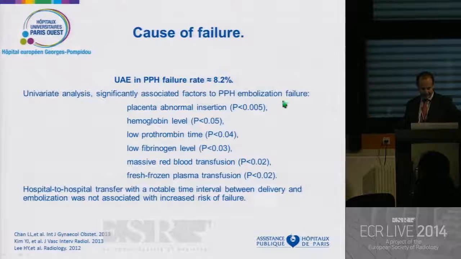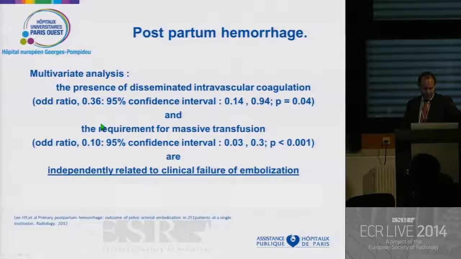Those factors are now very well known to be associated with embolization failure: abnormal placental abruption, the hemoglobin level, low coagulation profile, massive red blood cell transfusion, and fresh plasma are also associated, but they are very well linked to the low profile. The presence of disseminated intravascular coagulation and the requirement for transfusion are independently related to clinical failure.